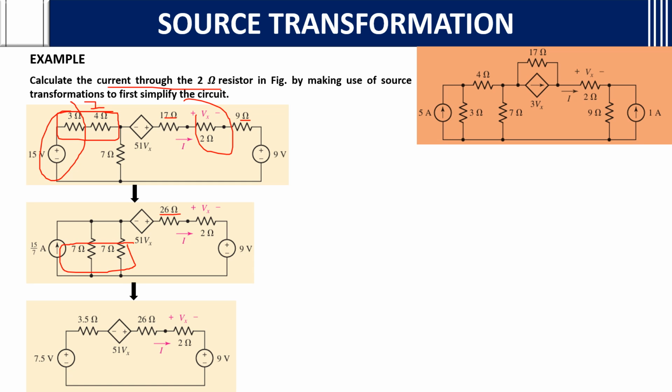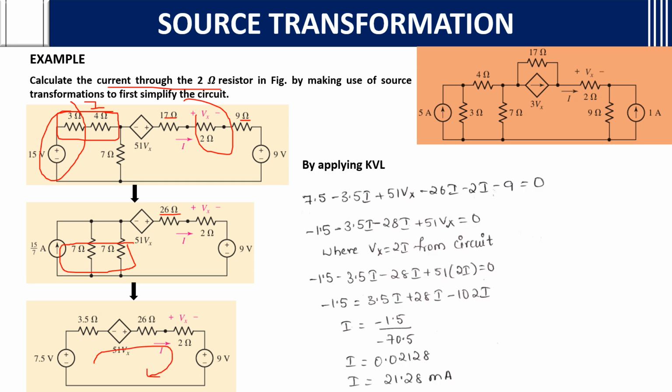After this, what do we do? Now you can see there were many meshes, 1, 2, 3, 4, and we are converting them into a single mesh. After converting to a single mesh, we apply KVL. By applying KVL, what do we get? Consider plus minus here, and again plus minus as already given.